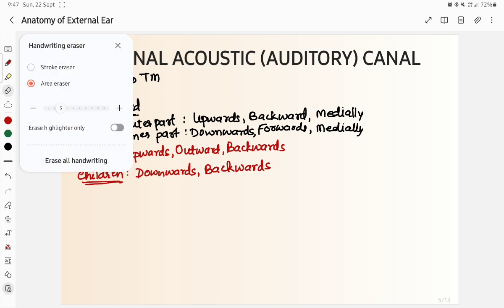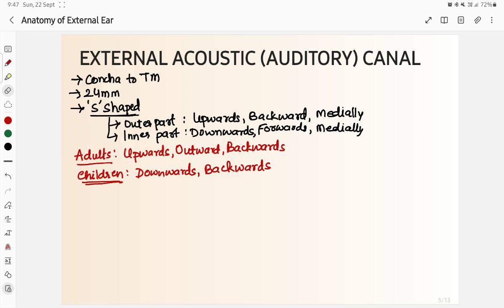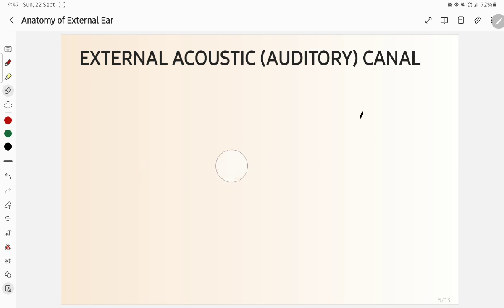Now our EAC has two parts. Let's look at a small diagram for our EAC. So let's make a small diagram to learn about it. This is our pinna. This is our EAC.